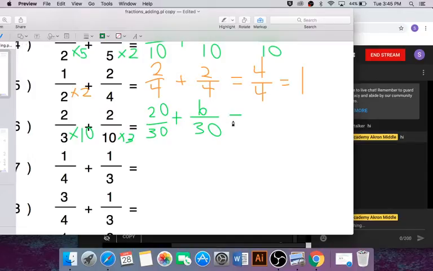And then we can add. 20 plus 6 is 26 over 30.